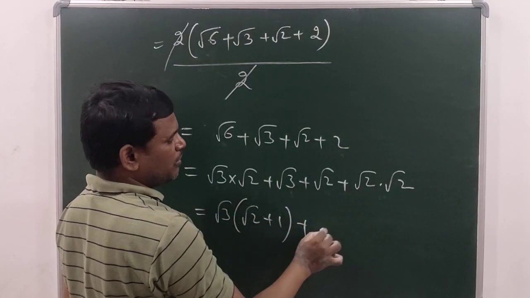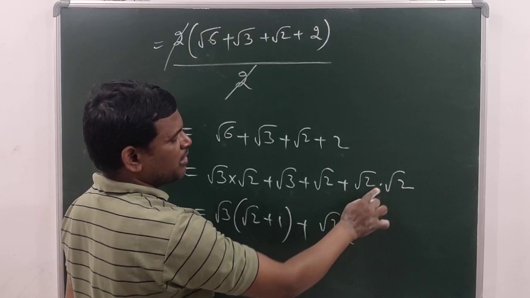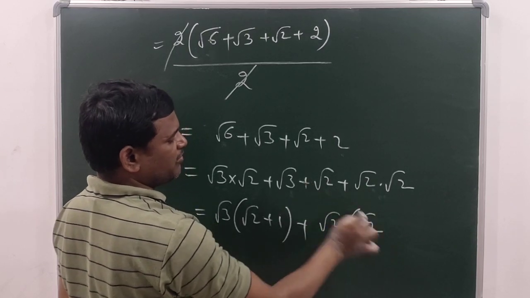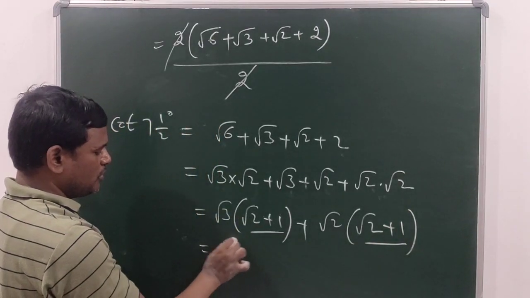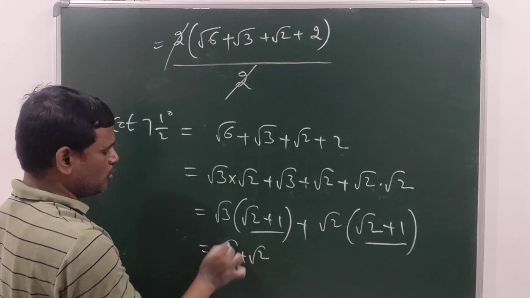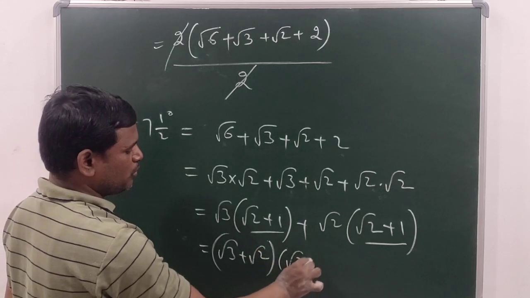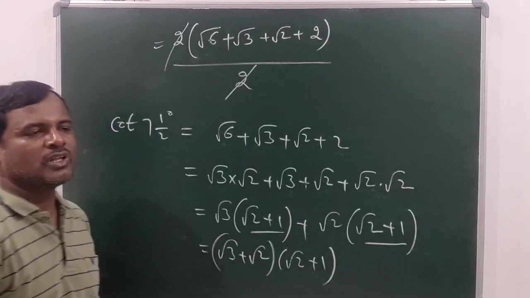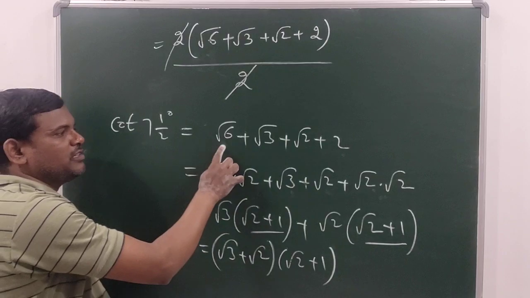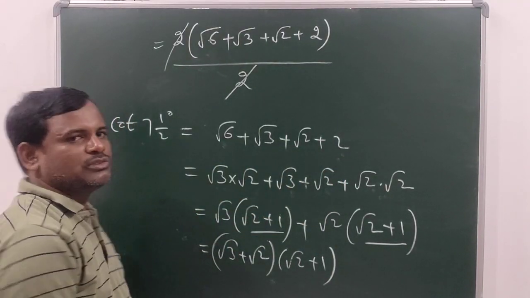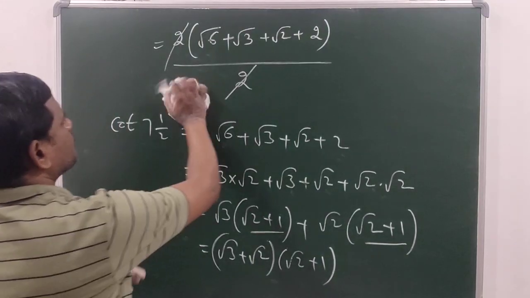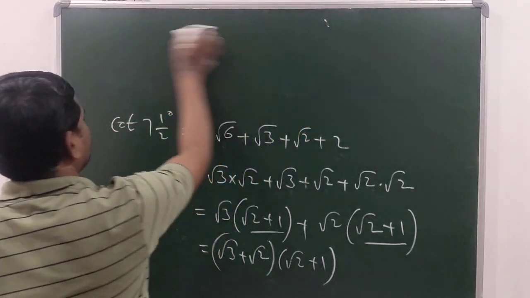From these two I would like to take root 2 common, here root 2, here 1 will be left. Again inside the same. So root 3 plus root 2 into root 2 plus 1. So cot 7.5, either you can write like this or like this. Okay students, remember this.